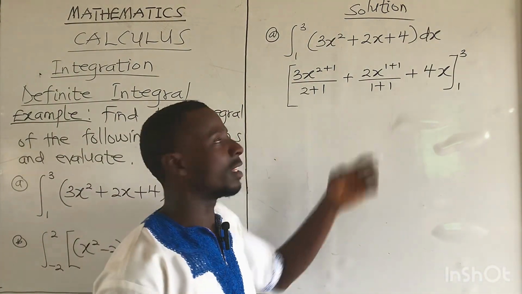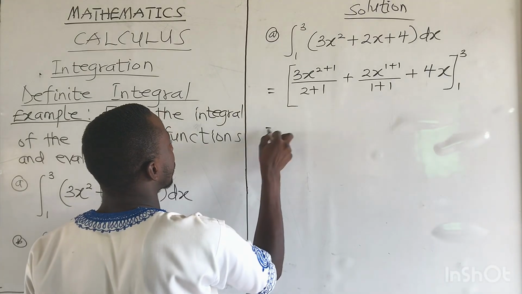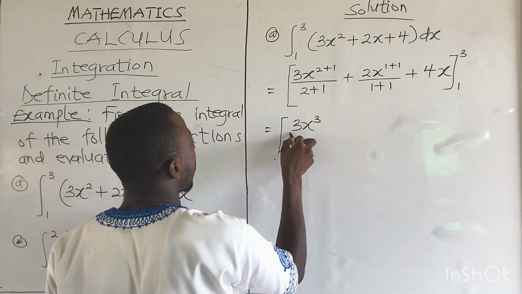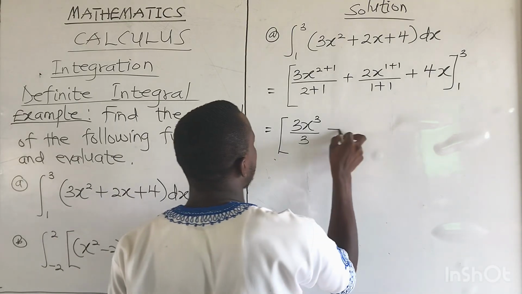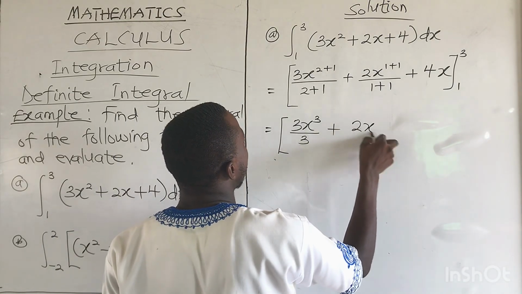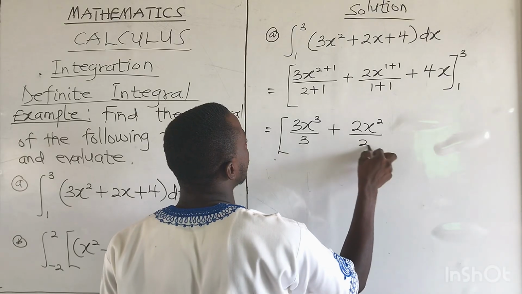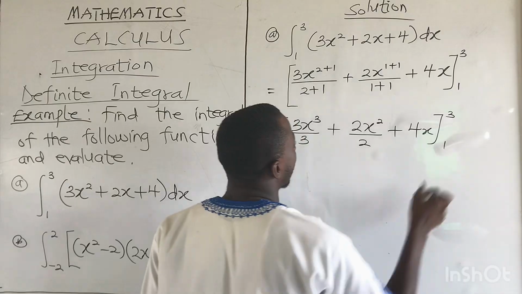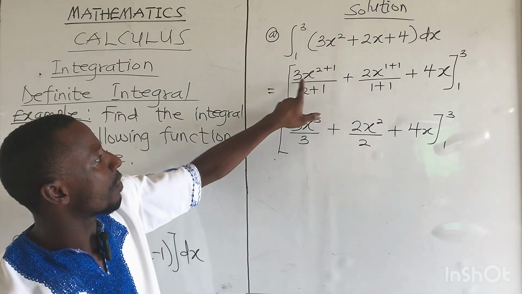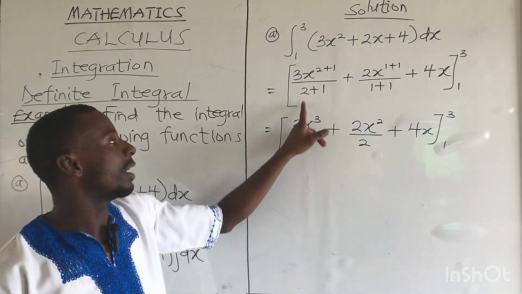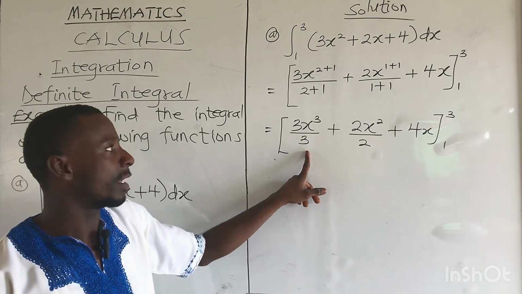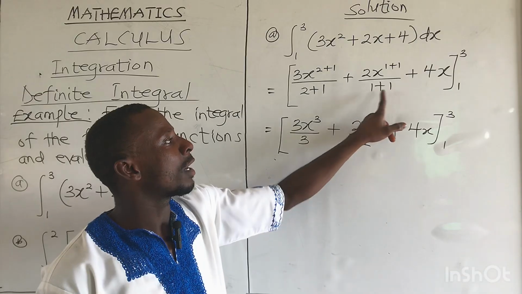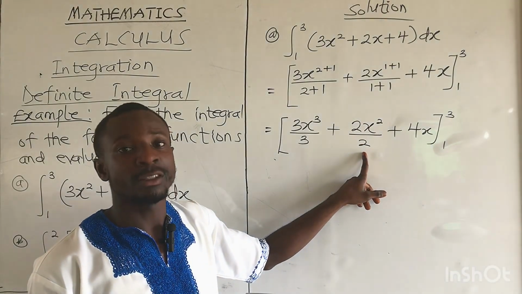So we are going to evaluate them. We have 3x cubed all over 3 plus 2x squared all over 2 plus 4x, with limits 3 and 1. For 3x squared, 2 plus 1 gives an exponent of 3 divided by the same 3. For 2x, 1 plus 1 gives 2 divided by another 2.